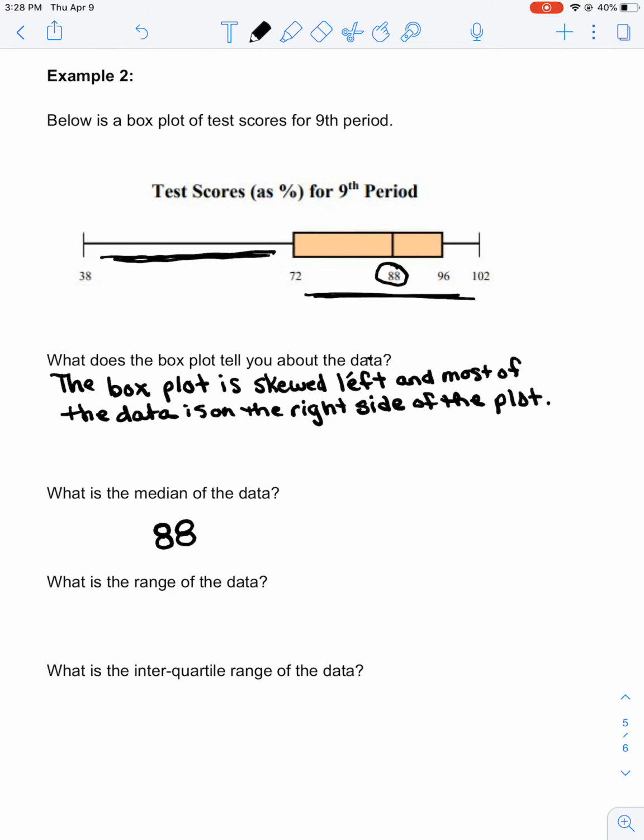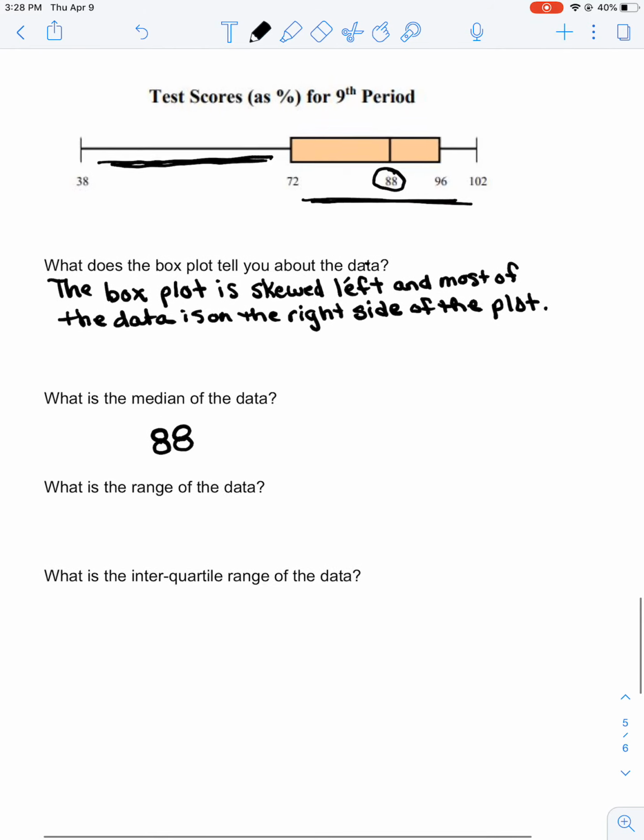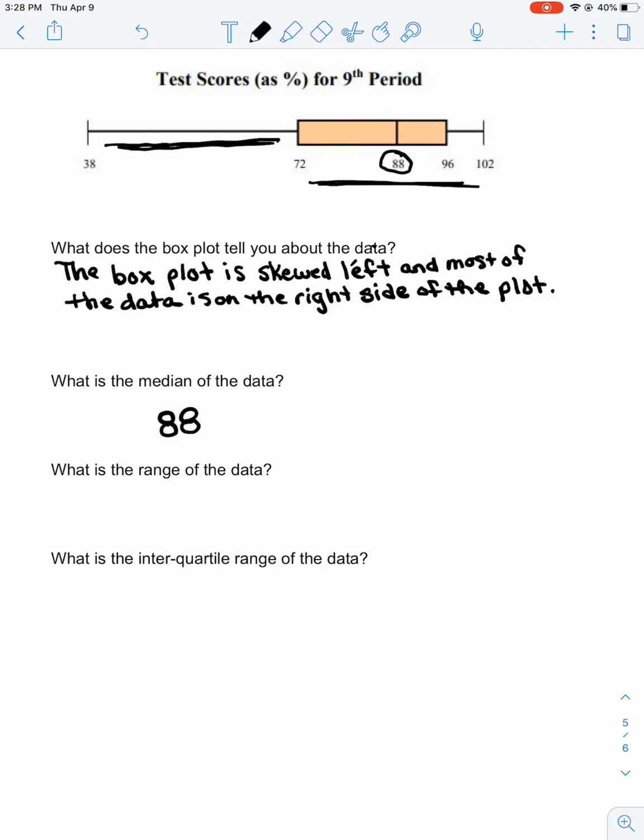The next thing the question is asking us is what is the range of the data? So the range of our data is 102 minus 38. So in this case, 64 is going to be our range.